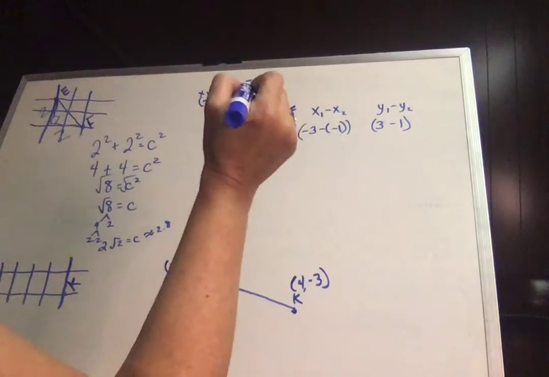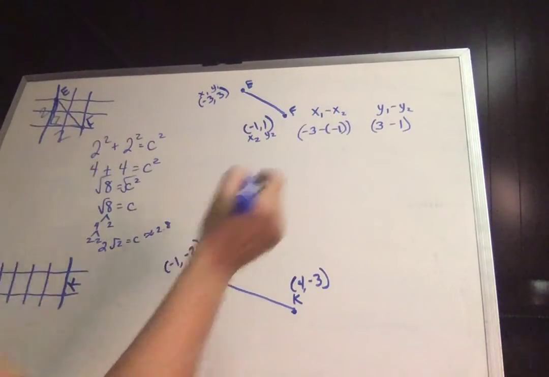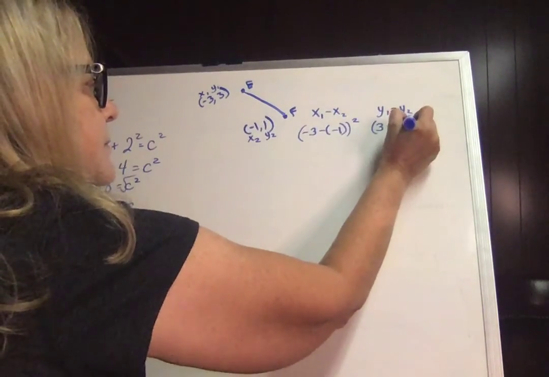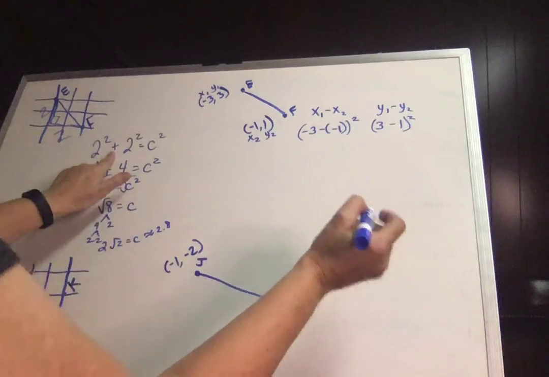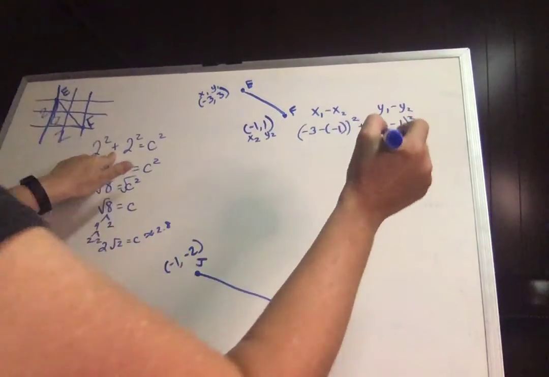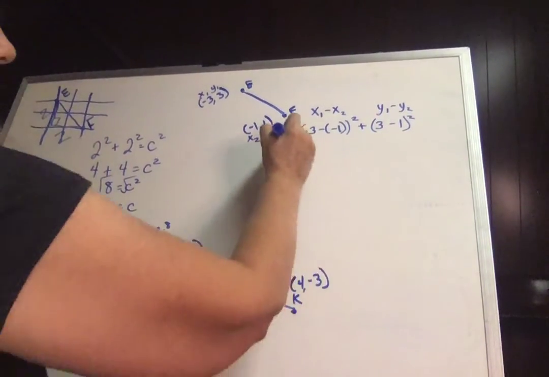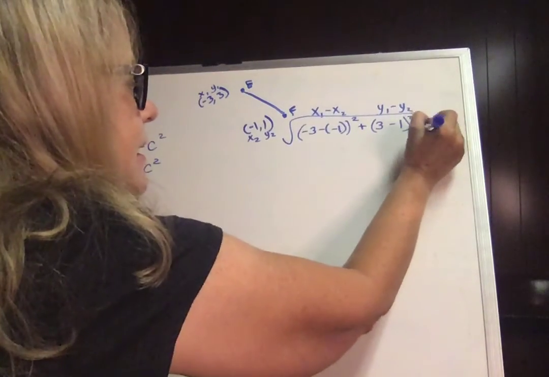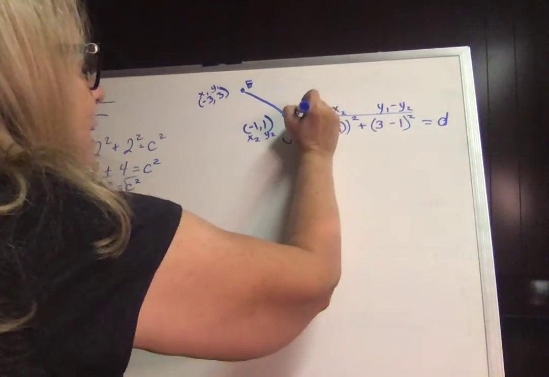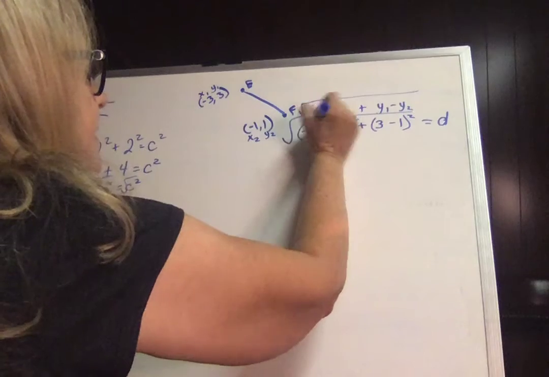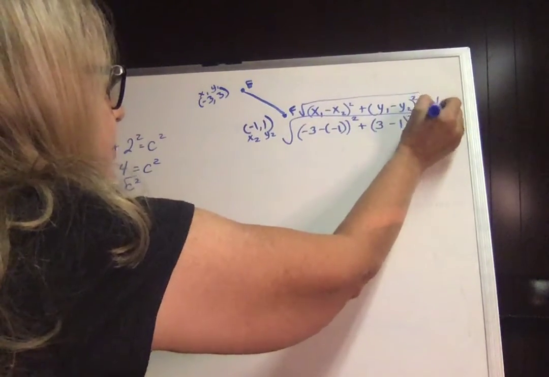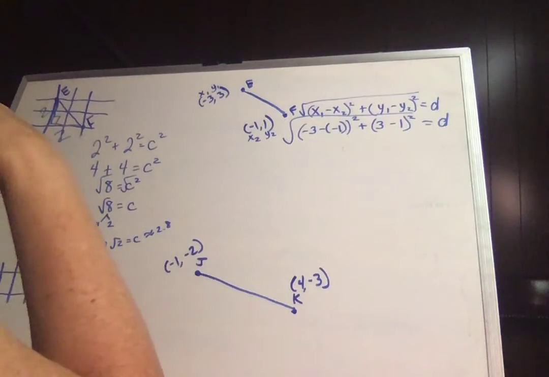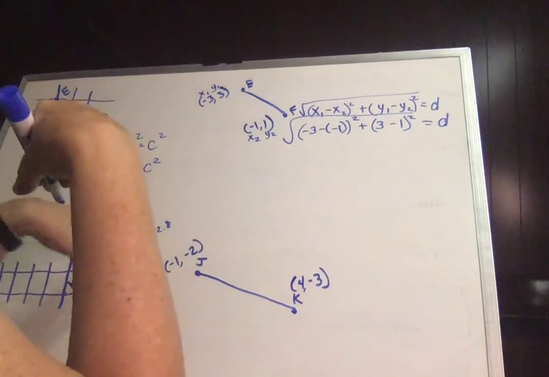Then what we did was we squared both of those. And they were leg squared plus leg squared. We added the two legs. And at the very end, we took the square root. That right there is the distance formula.